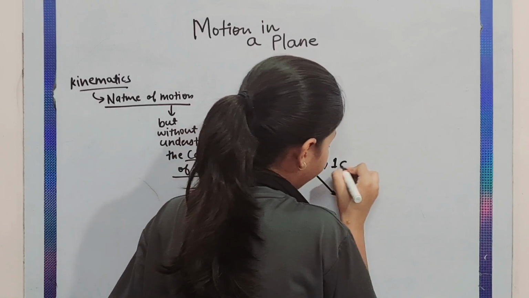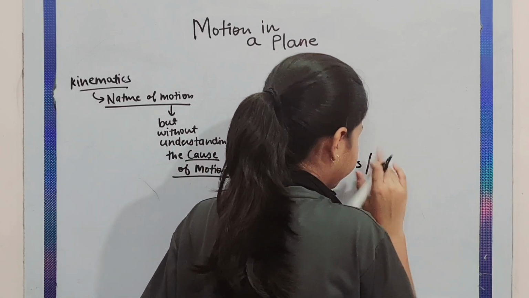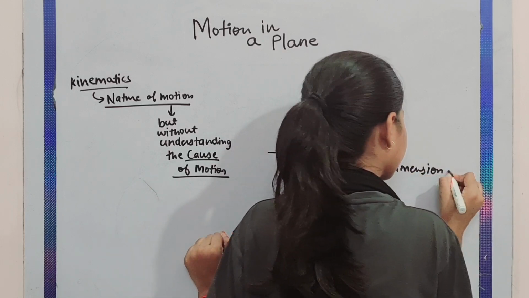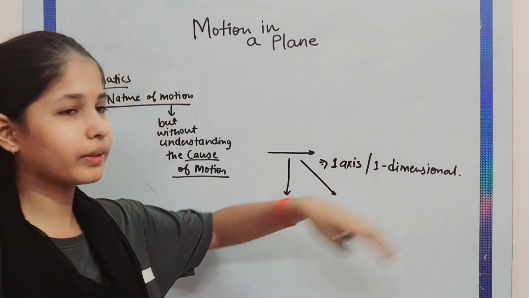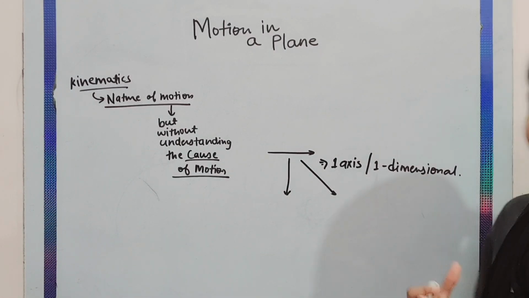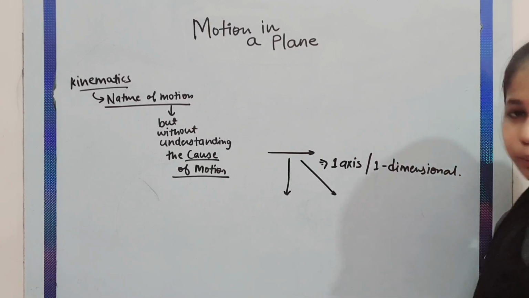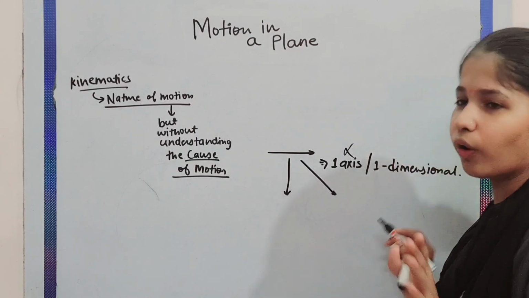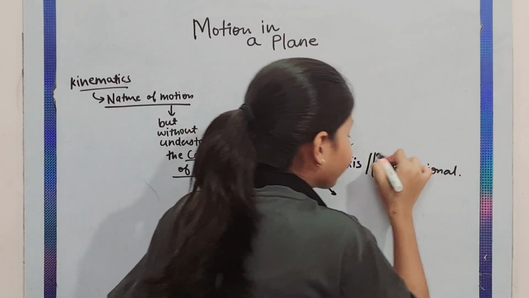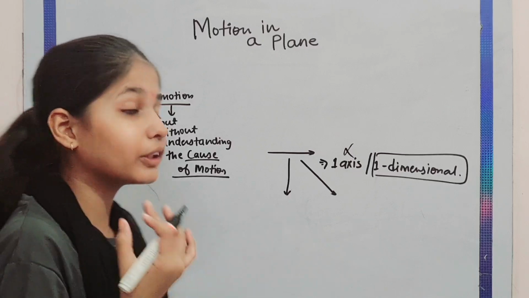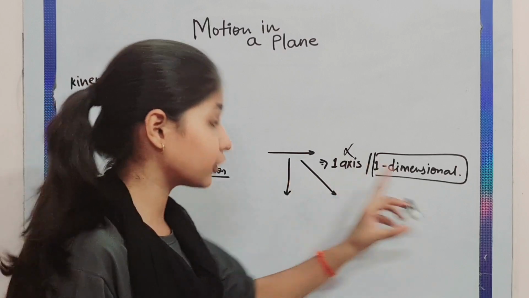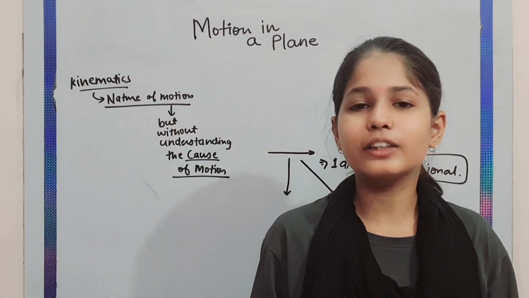One axis, or you can say one dimensional. ये ज़्यादा सही है, and it can describe the motion in a straight line in a better way. ठीक है, so if you want you can learn, otherwise इसको छोड़ दीजिए. What you have to do? You have to learn what is one dimensional motion, and we have already discussed a full chapter on one dimensional motion, that is motion in a straight line.